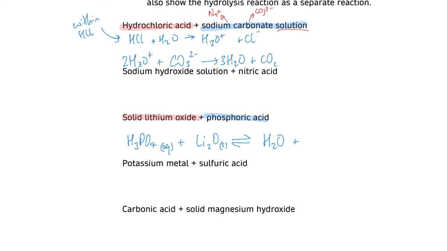So therefore, it's lithium phosphate. Okay, so lithium phosphate will precipitate, so it stays as a solid. Okay, so that's actually the full ionic equation, because everything reacted and everything in theory changed states in some way.